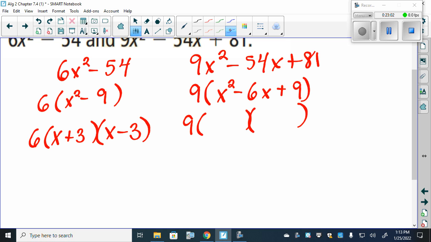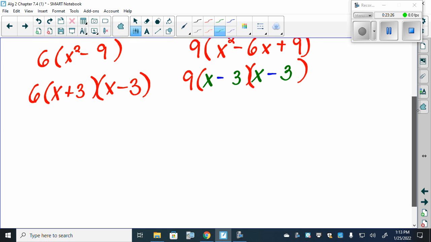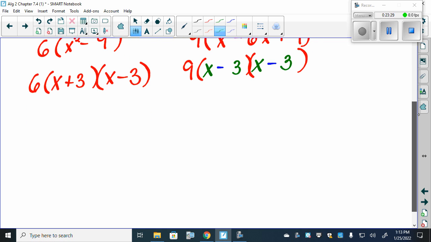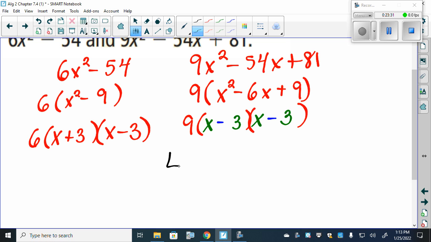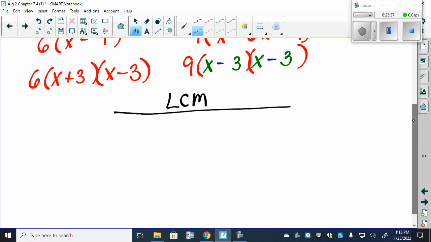Because the 9 is positive, our signs are the same and they match the sign of the middle term, which would be negative and negative. Our factors of x squared would be x and x. And the factors of 9 that we would want to use would be 3 and 3. Any questions on how we got to this point here?